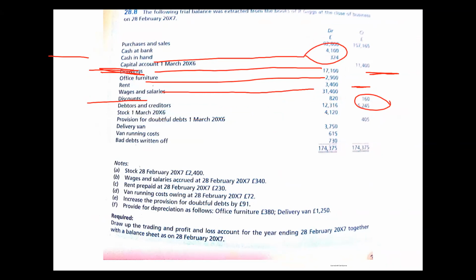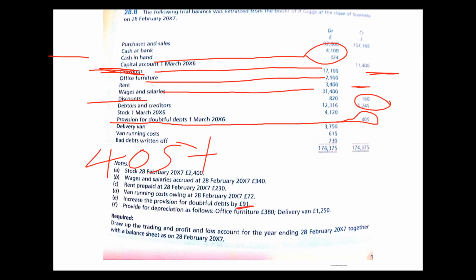When they just opened at the beginning of the financial year, they had the provision for doubtful debt of 405, isn't it? Then when they closed, the provision had increased by 91, which means you add this increase. That gives you 400 and what? 96.